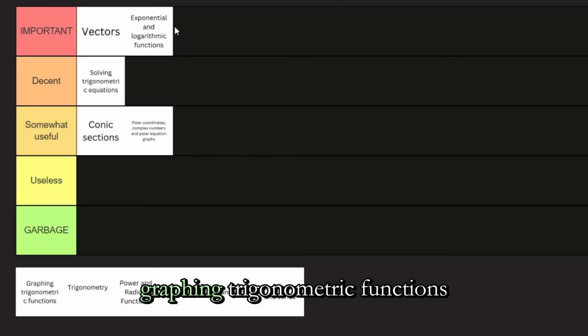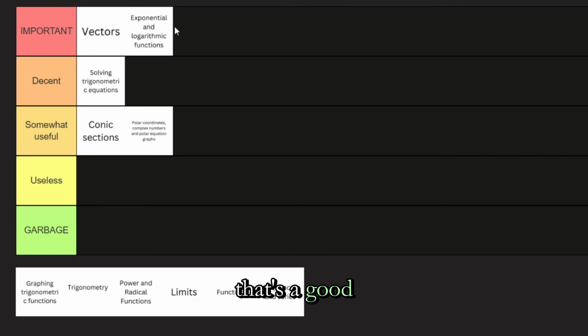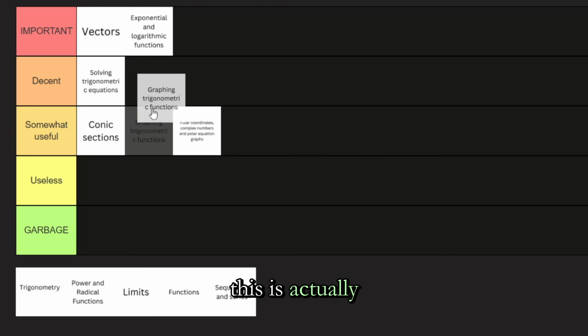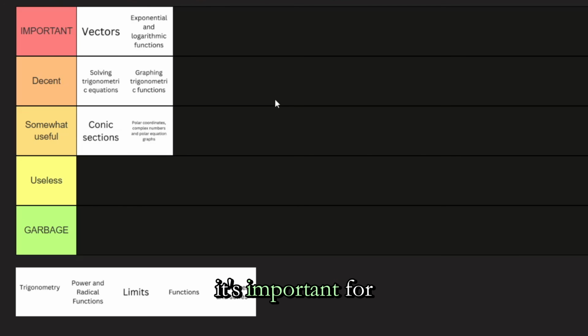Next, we have graphing trigonometric functions. That's a good unit. I would say this is actually decent. I wouldn't say it's important for one reason only: you really don't need to know how to graph trigonometric functions after precalculus.